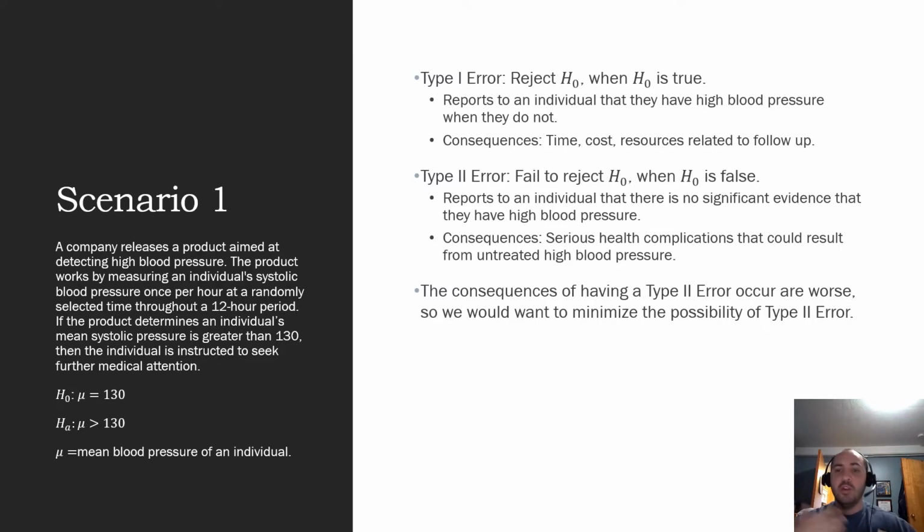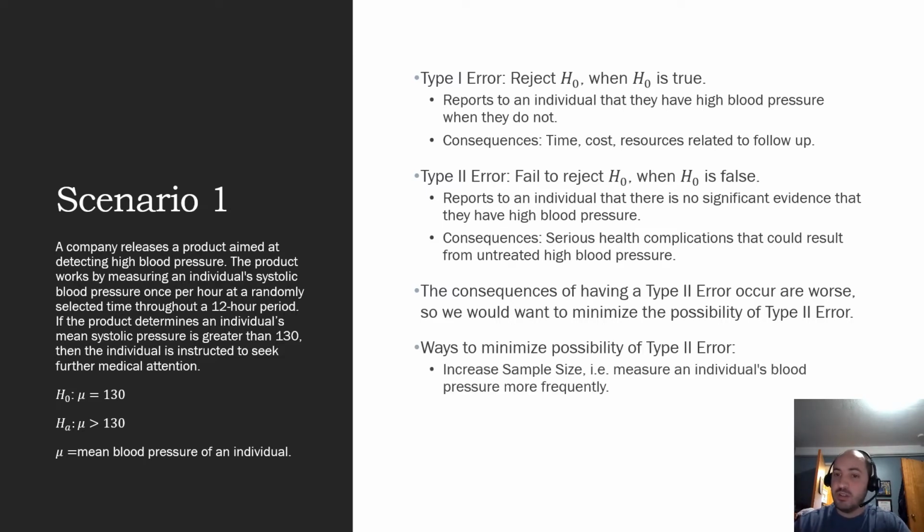So if you're setting up a hypothesis test, you're going to want to do things to minimize the likelihood of committing a type 2 error in this situation. And the two easiest ways to do that are going to be to either increase your sample size. So maybe instead of taking blood pressure once an hour every 12 hours, maybe it's once every half an hour for every 12 hours.